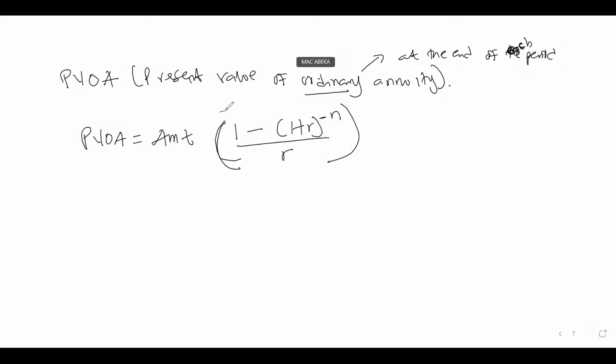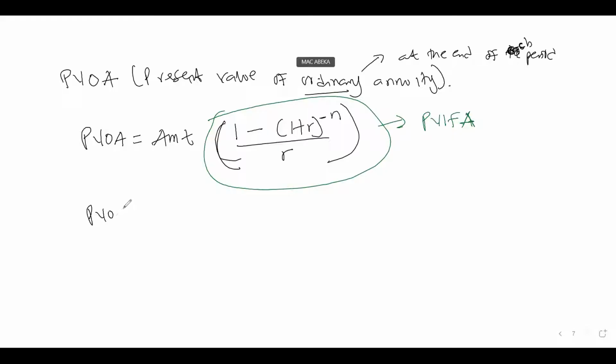And again, this factor is called the present value interest factor of annuity.